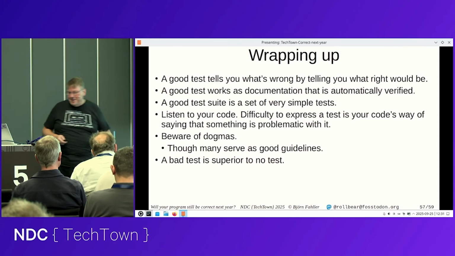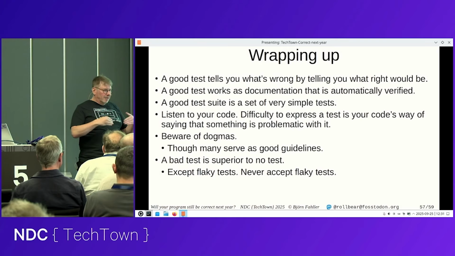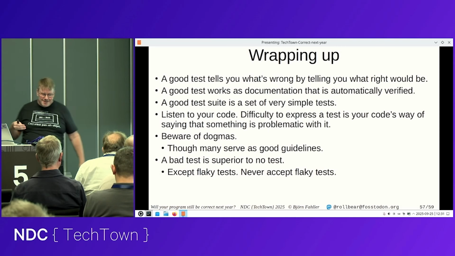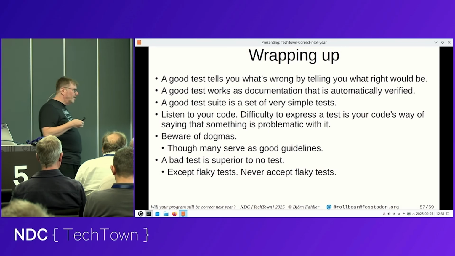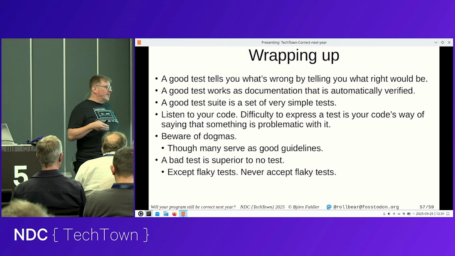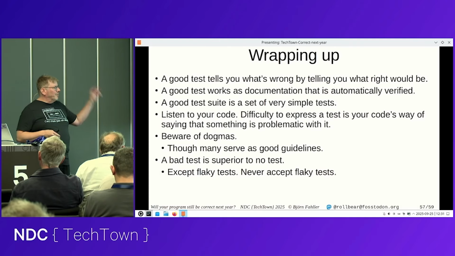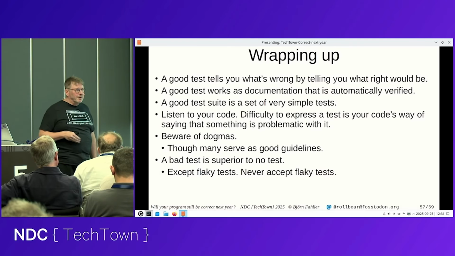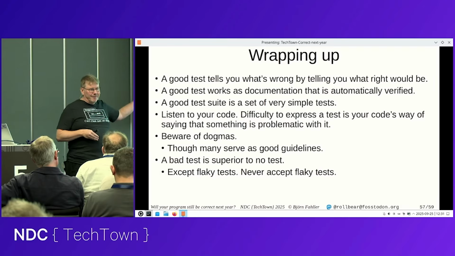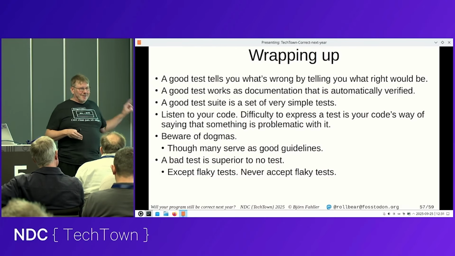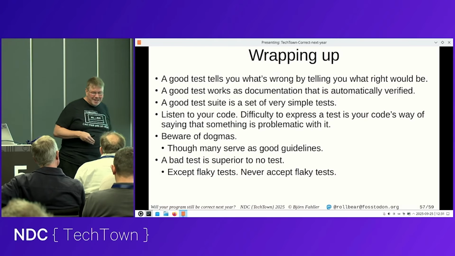Except flaky tests. And by flaky tests, I mean tests that usually pass, but once in a while they don't. Because what happens when you have flaky tests is that you just know, okay, it failed, I just rerun it, it works. And then you get tired of the auto builds failing randomly, so you mark the test as may fail, which means that from that moment on, no one looks at the result of that test anymore, ever.